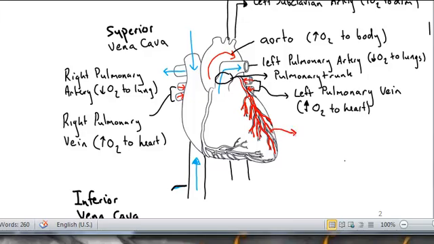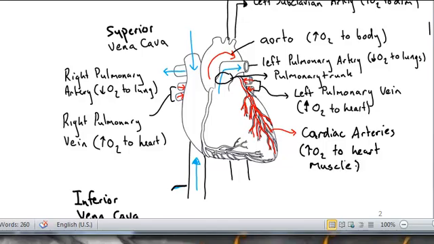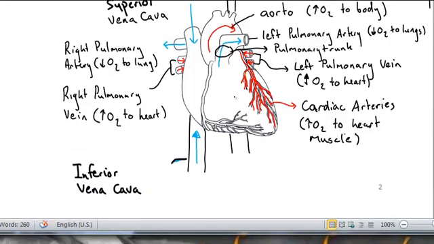So hearts have to be fed by what's called the cardiac arteries, which carry high O2 blood to heart muscle. And when you have a heart attack, it's often because you've damaged the heart muscle, because these cardiac arteries are actually blocked and the blood can't get to the muscle tissue to supply it, and the muscle tissue actually dies.